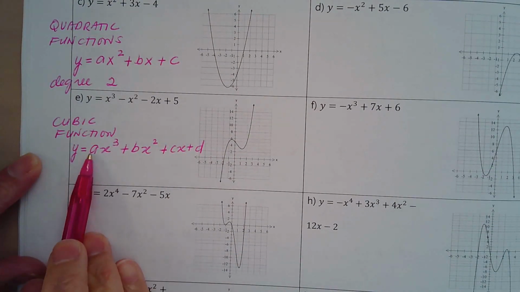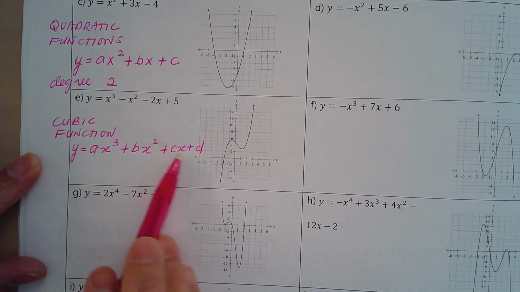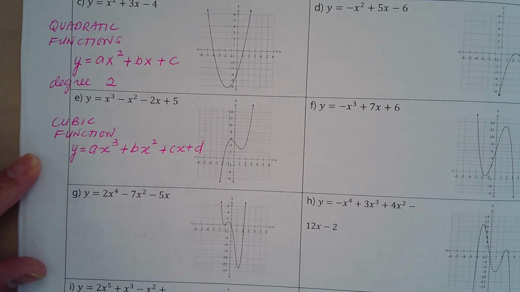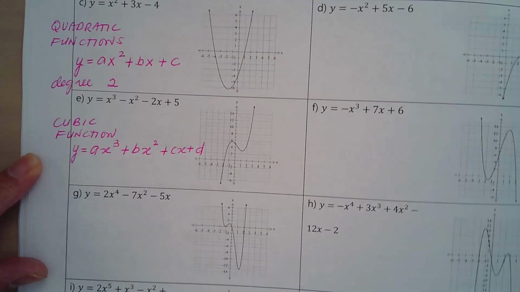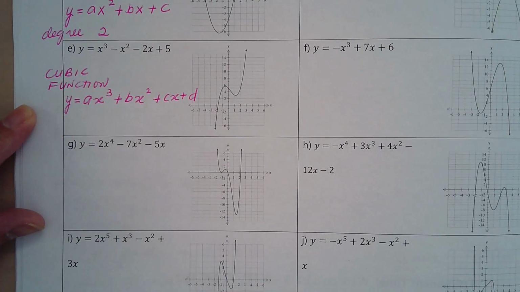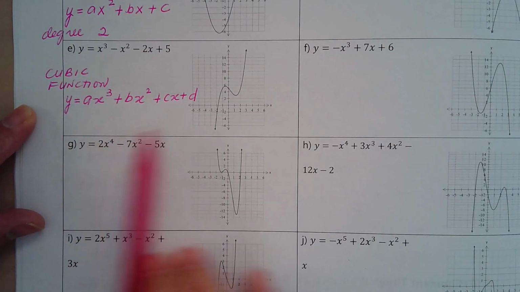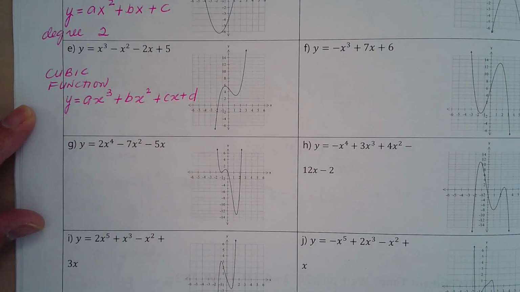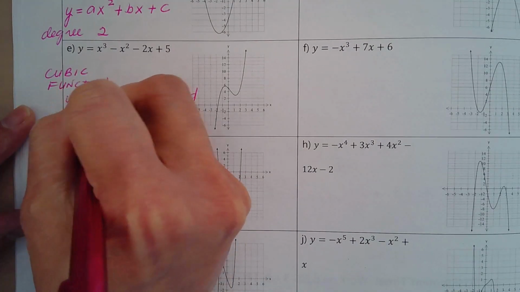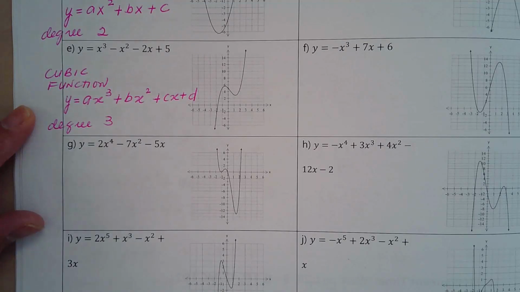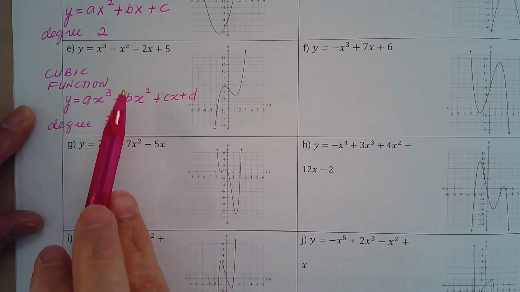And the a, b, c, and d are just numbers. Or not just integers, it could be any real number. What's the degree? It's a 3. Degree 3, because the highest exponent is 3.